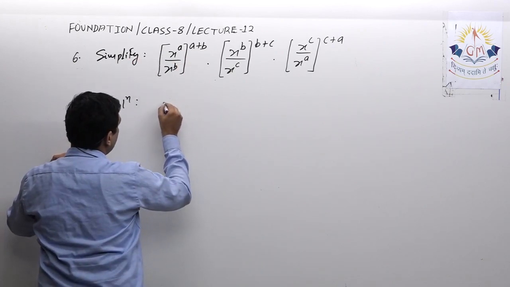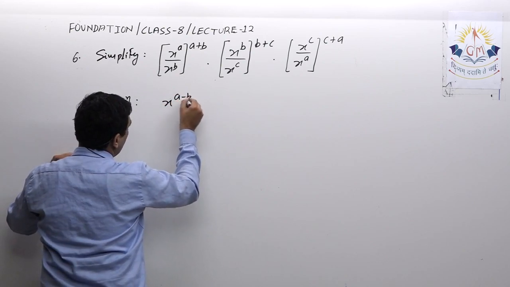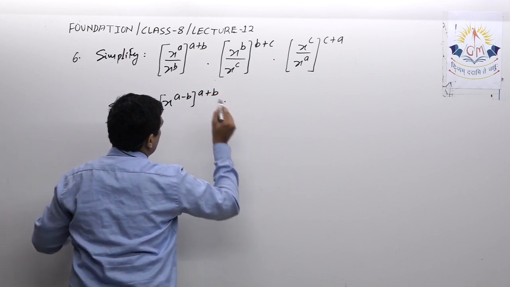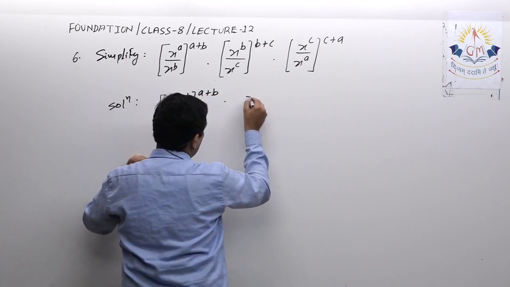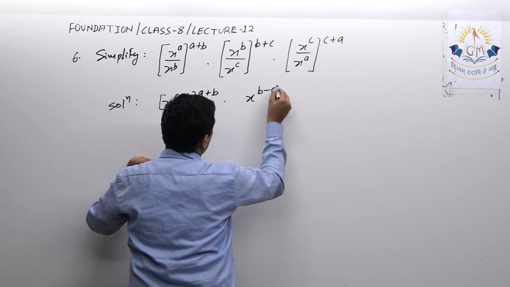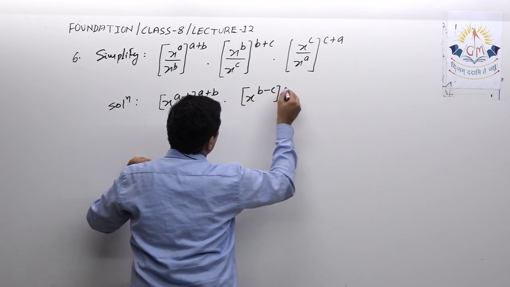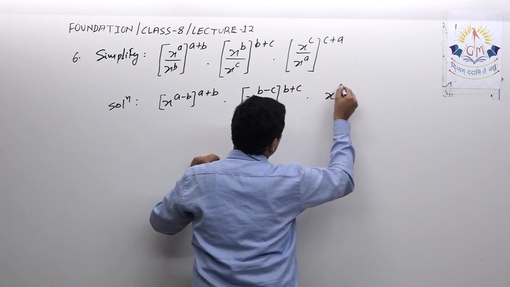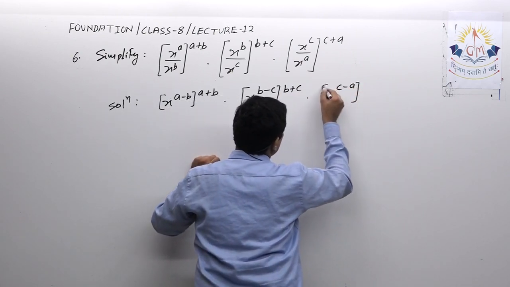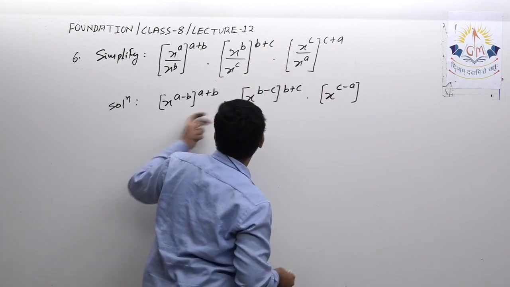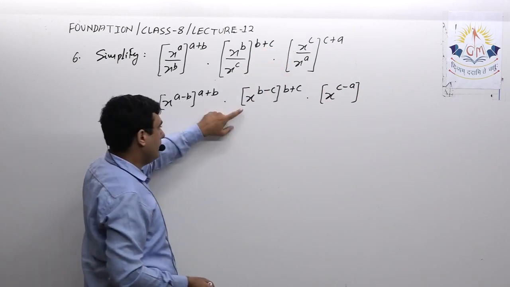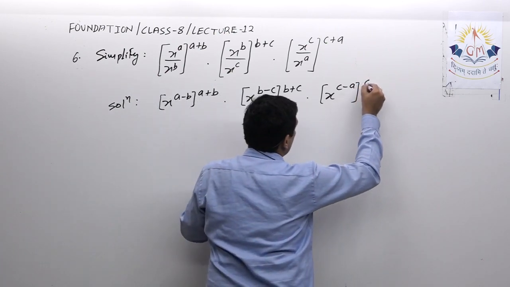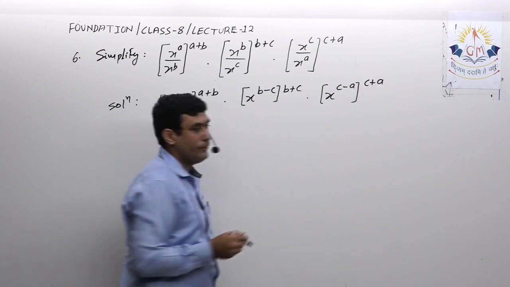So this will become x raised to a minus b, and this power a plus b remains as it is. Over here, x raised to b minus c as it is, and over here b plus c. Then x raised to c minus a as it is, that means similarly as I here got x raised to a minus b, here x raised to b minus c, here I will get x raised to c minus a, raised to c plus a.